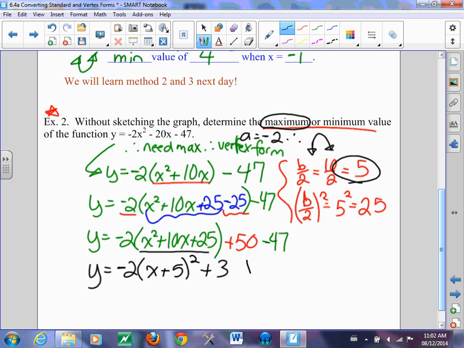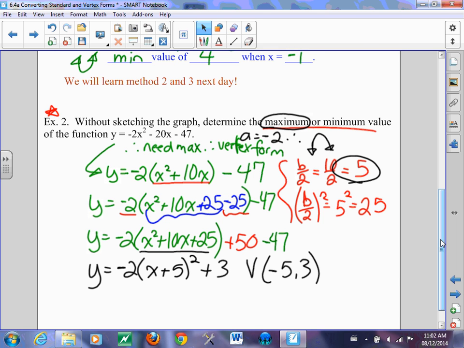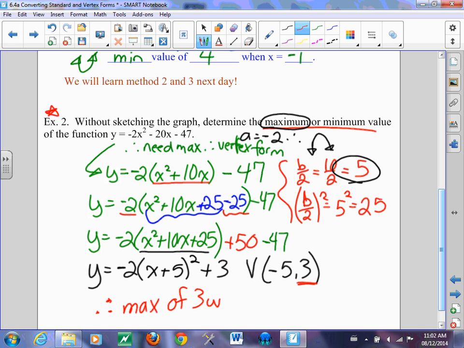So, folks, my vertex in this case, I always like you to do your vertex, is negative 5 and 3. And if I asked you for your min-max value, which I did, it's the Q, and this is when it occurs. So, therefore, we have a max of 3 when x equals negative 5. Okay?